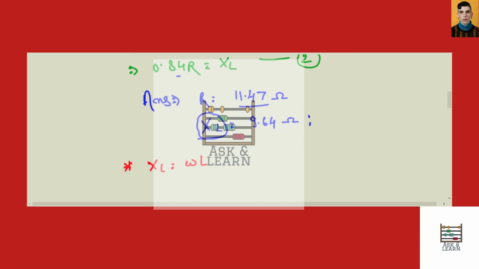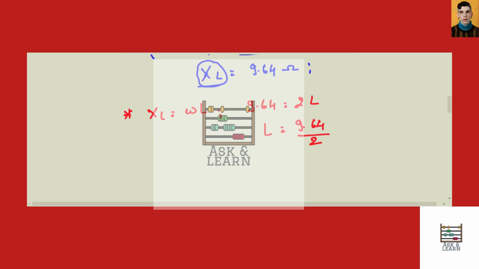So what you will get is, just put the value of XL over here, 9.64 is equal to 2 into L. So the value of L is equal to 9.64 by 2, right? So this is our final value. The final answer of L is 4.82, right?